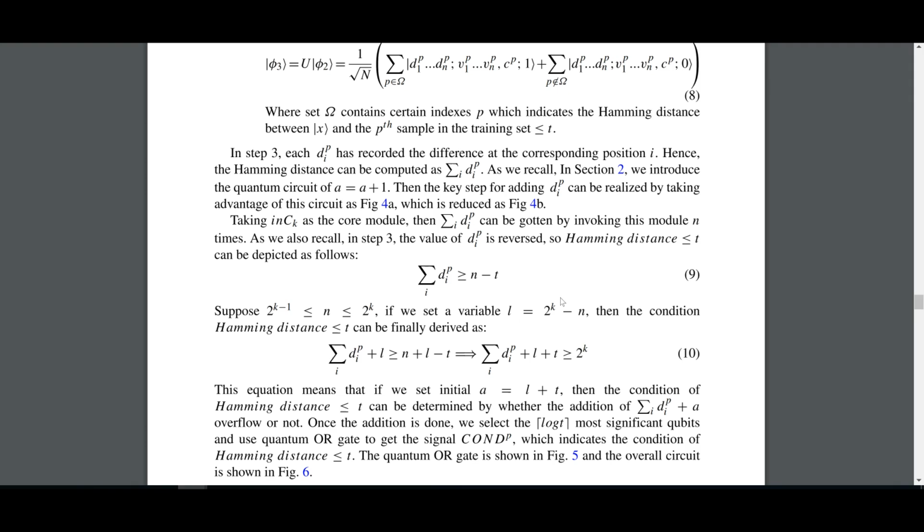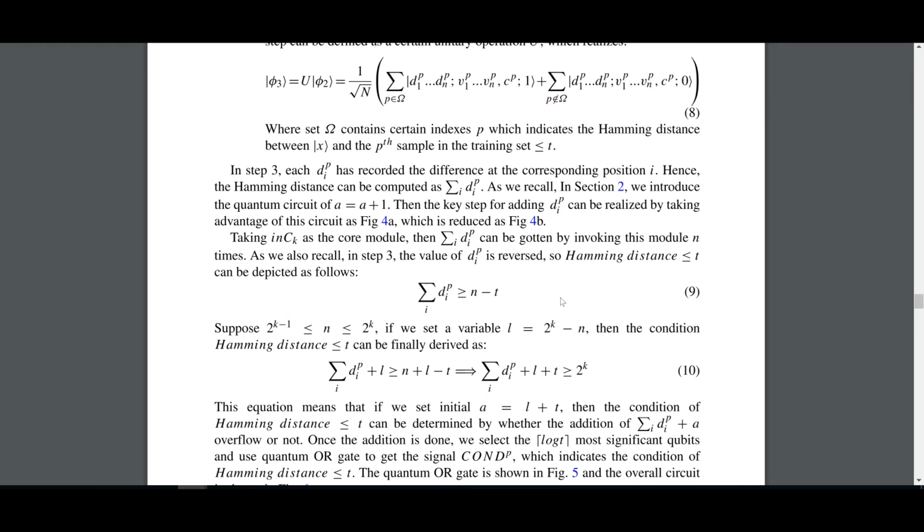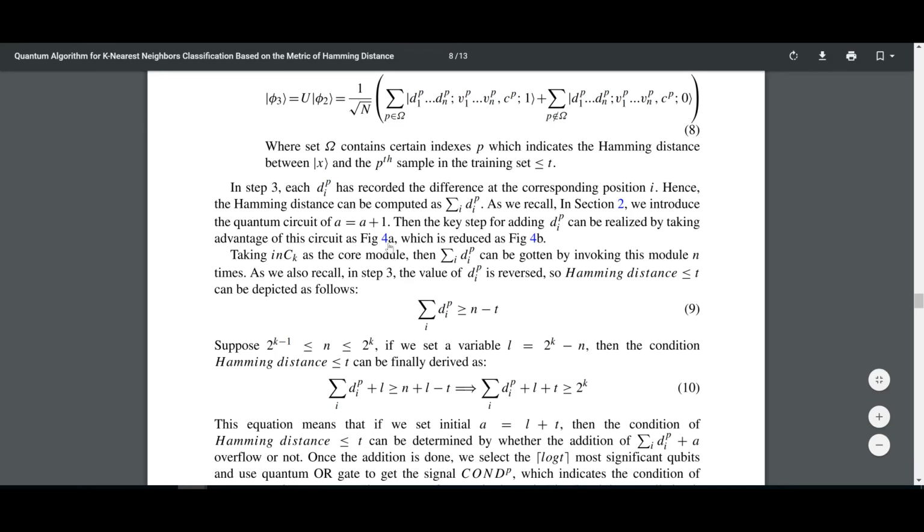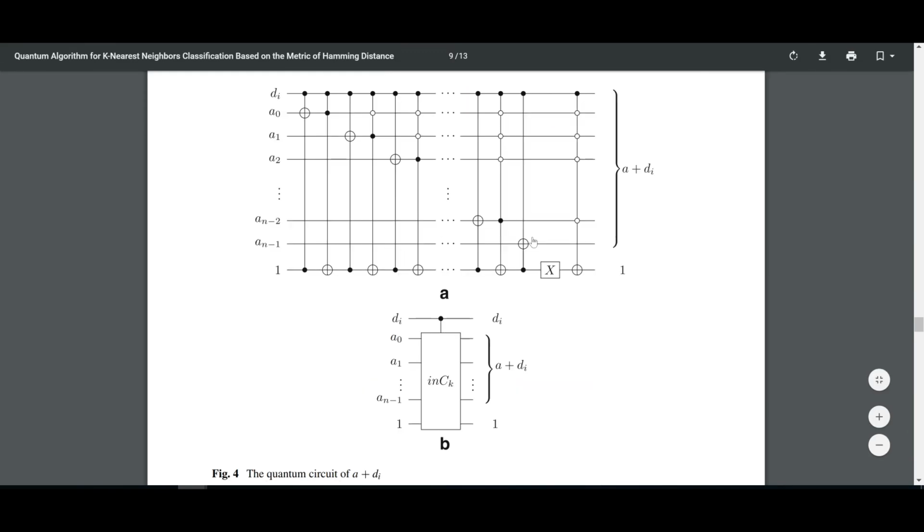N times in step 3 the cross difference. Hence the Hamming distance can be computed as we recall in section 2 we introduced a quantum circuit of A plus 1. Then the key step for adding D can be realized by taking advantage of this circuit as figure 4, which is just figure 4b.